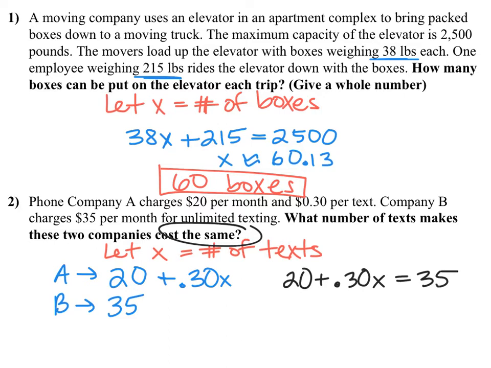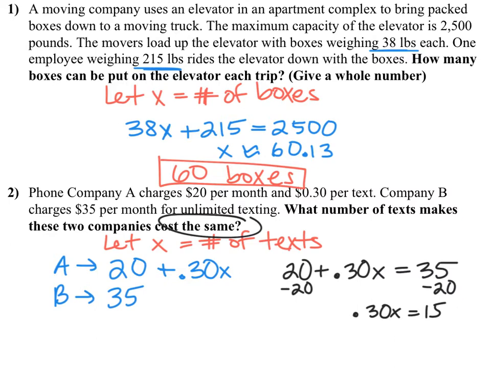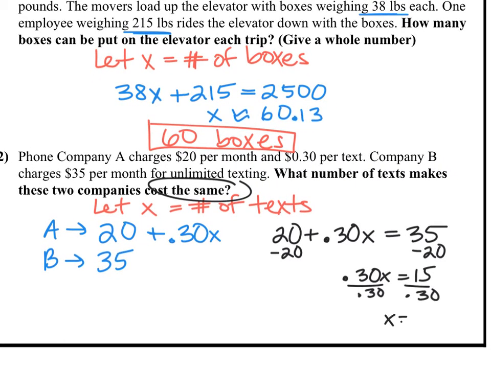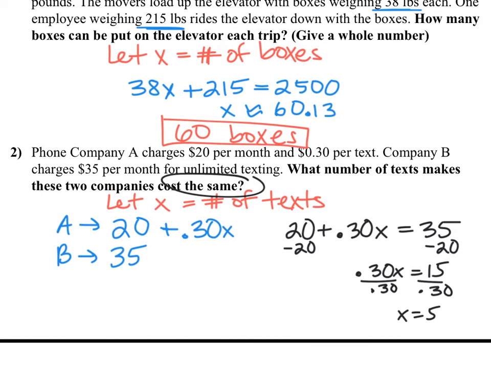If you solve that by subtracting 20 from both sides, which gets you 0.3x equals 15, and then divide by 0.3, you're going to get that x equals 50. You're not done until you answer the question. What number of texts makes these two companies cost the same? 50 texts.